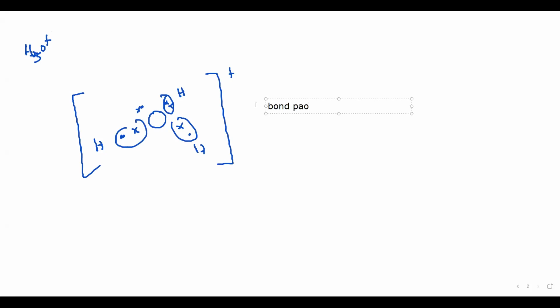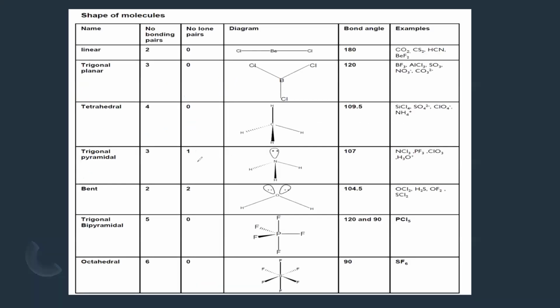So how many bond pairs appear here? 3 bond pairs. How many lone pairs are there? That is equal to 1. So if 3 bond pairs and single lone pair, predicting a geometry with 3 bond pairs and single lone pair, it will be trigonal pyramidal with a bond angle of 107.